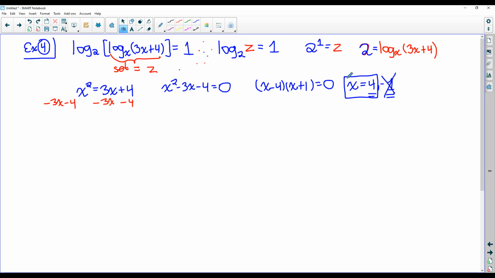And again, if you want to see my full solution for what the verification work looks like, just check out my completed notes on D2L. Again, bearing in mind that on the assigned work and on an assessment, I do expect you to show the verification work. Okay, let's go to the very last page and do one final example.